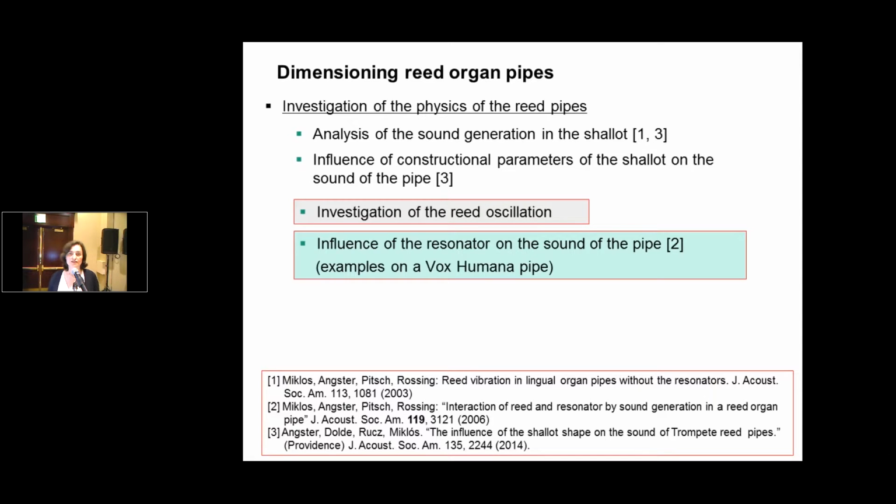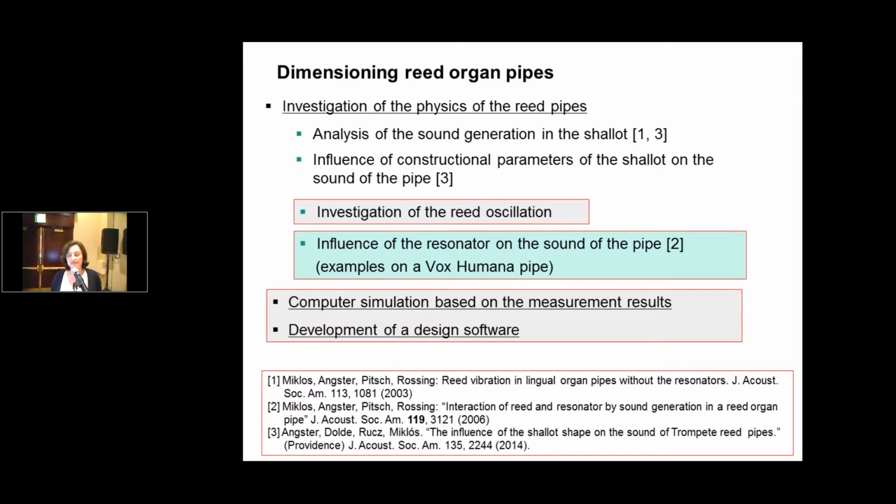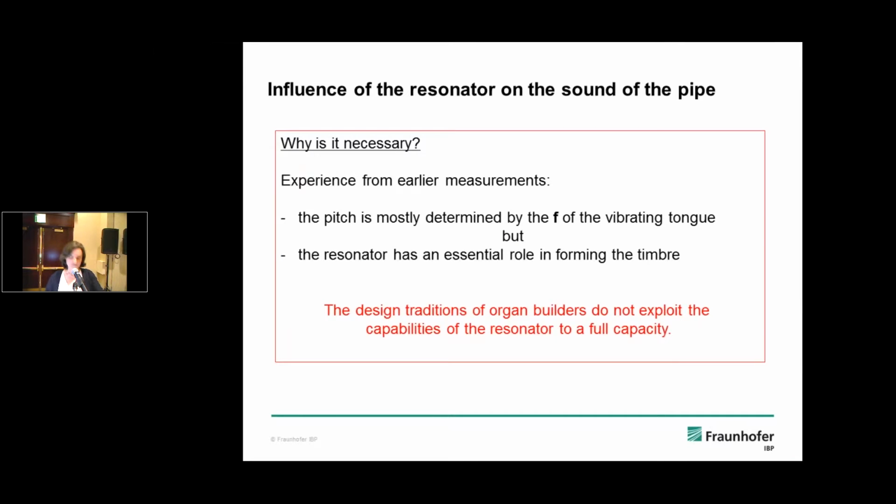To understand this, I have to show some investigation results of reed oscillation, and then I will show the computer simulation based on the measurement results, and it's very important that the simulation method is combined with the measurement results. And then about the development of the design software.